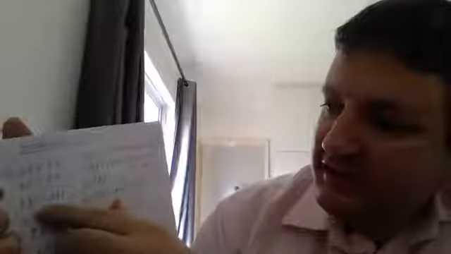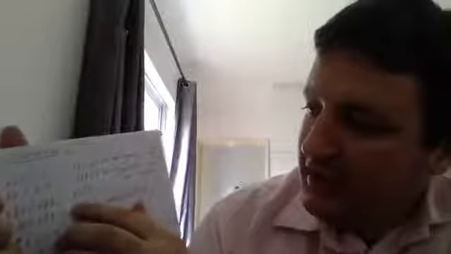Then a third proof that you can give: angle DBC is equal to angle ADB because AD is parallel to BC, and you know that alternate angles are equal.